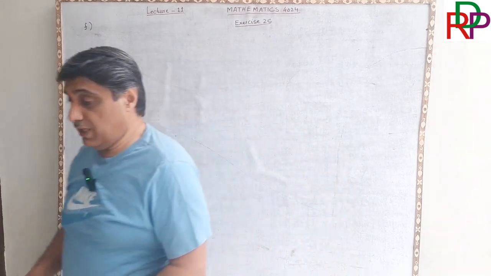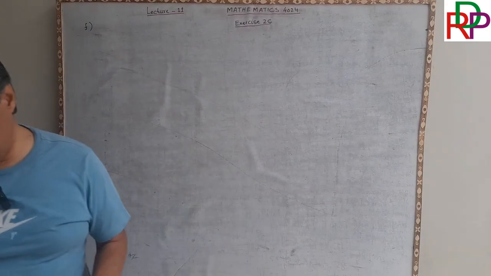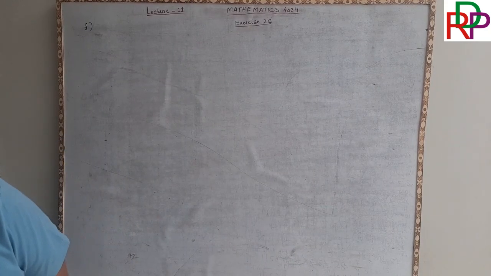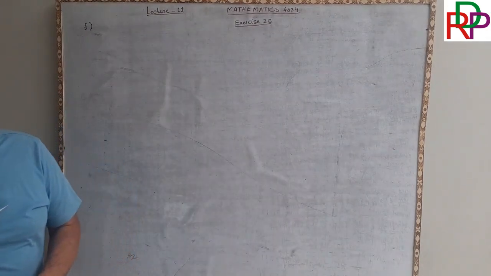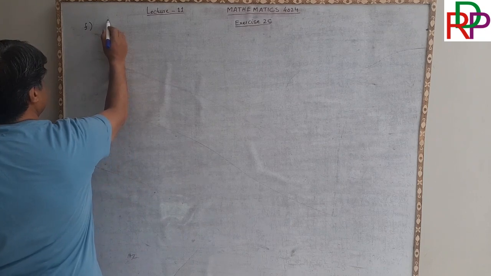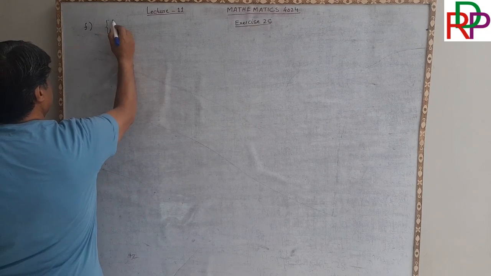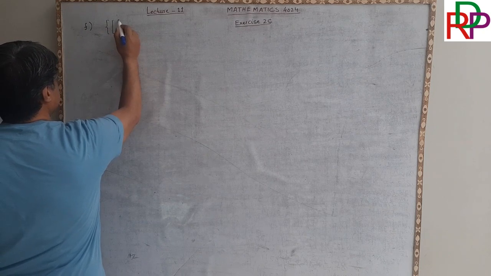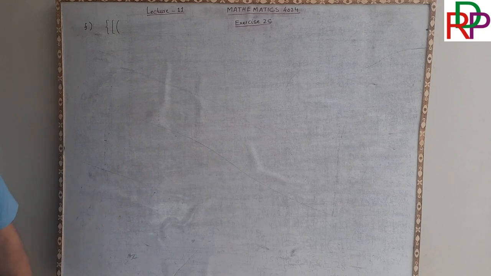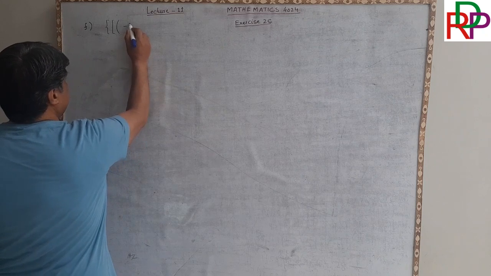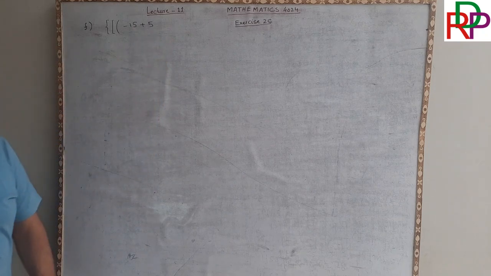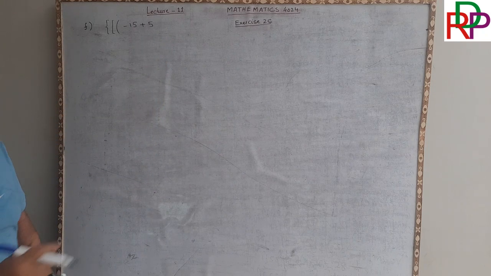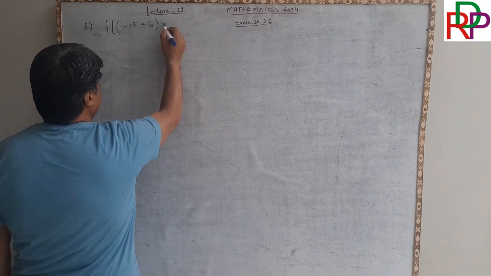Okay, now we are turning our focus to part F. Here we are writing this symbol first, then this symbol, and then parenthesis: minus 15 plus 5. And then the parenthesis closes, multiplied by 2.